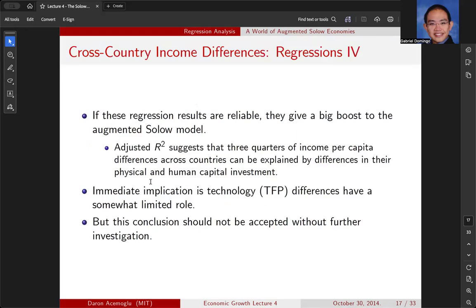The immediate implication here is that TFP differences have a limited role, right? Specifically, if human capital, physical capital, and n plus delta plus g, those three variables jointly explain roughly three-quarters of the data, then one-fourth of the data is attributable to TFP according to MRW.